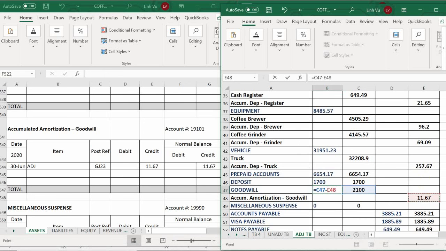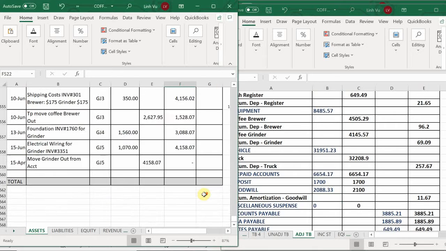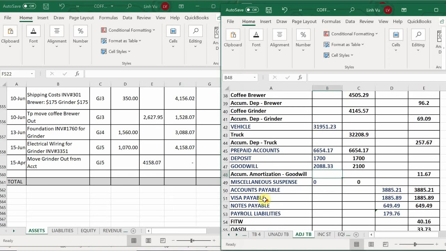It is now 2088.33. Last account we have here is miscellaneous suspense, whose account balance is 0. So that is it for my assets.